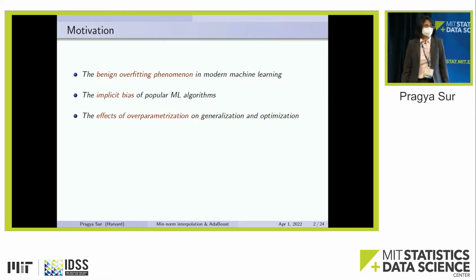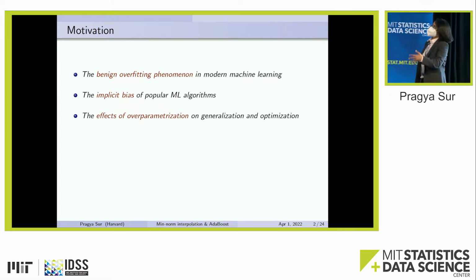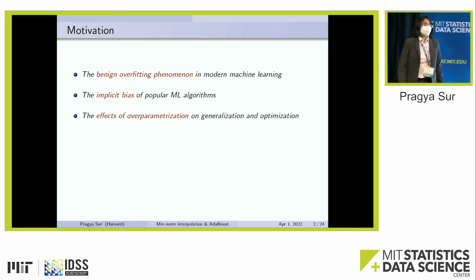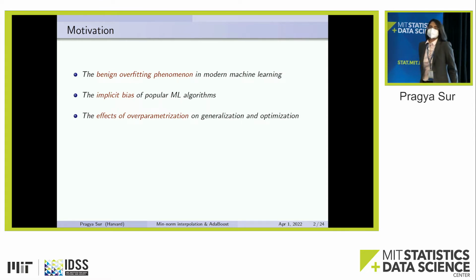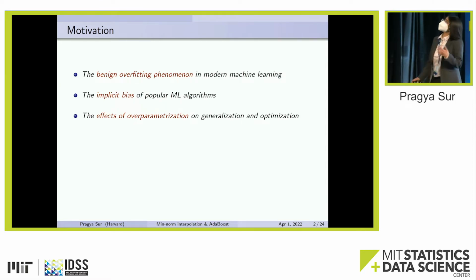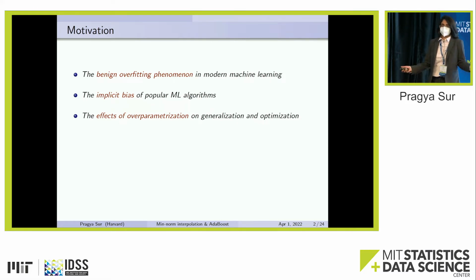The main motivation for this work is to understand three phenomena in machine learning that have really driven everybody's curiosity. The first phenomenon is that of benign overfitting. It's known under many different names. Let me describe what it is. Most of you know what it is.